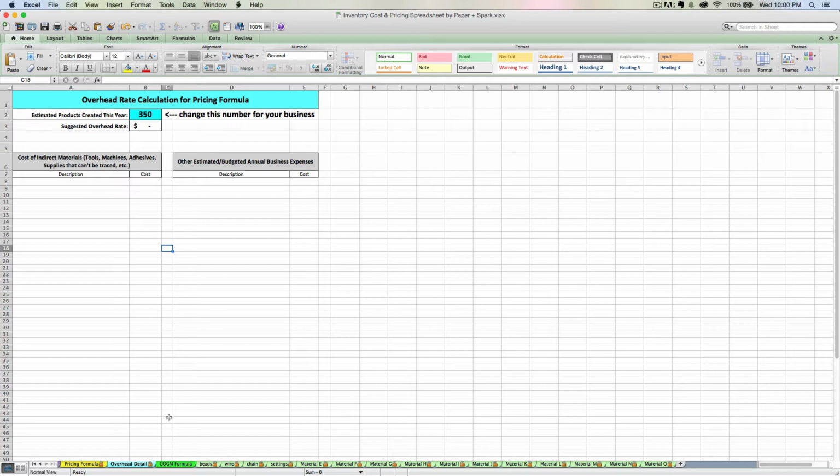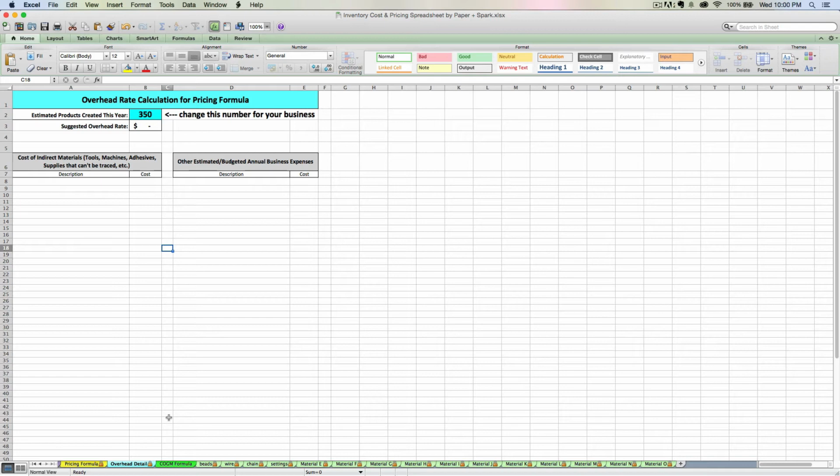So the way that we do that is we come up with something called an overhead rate. And an overhead rate is going to go into your pricing formula. Basically, what an overhead rate is in a big zoomed out view is summing up all the expenses for those indirect materials and those indirect tools and your general business expenses.